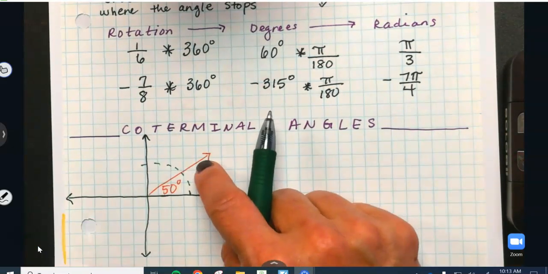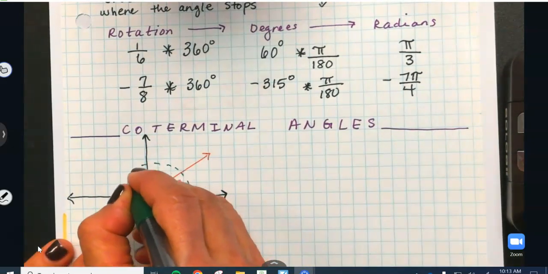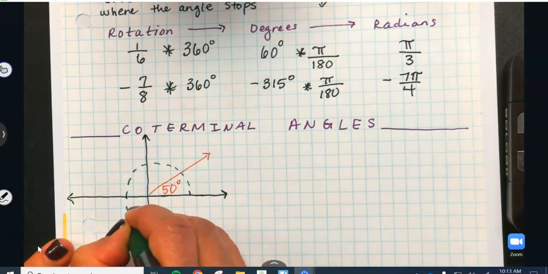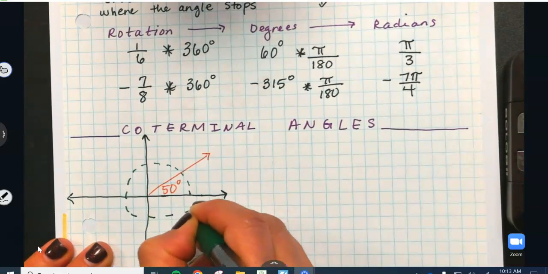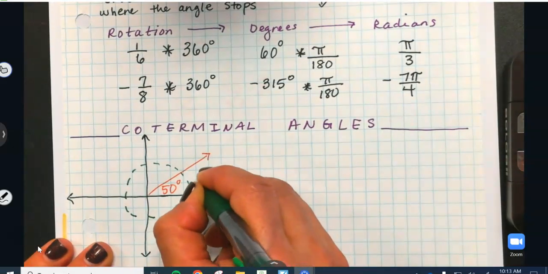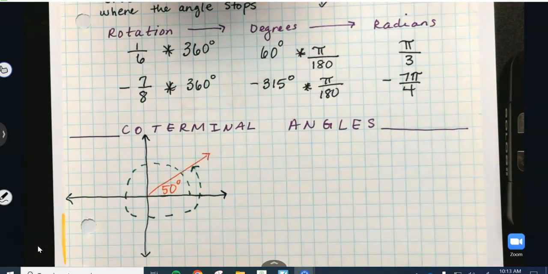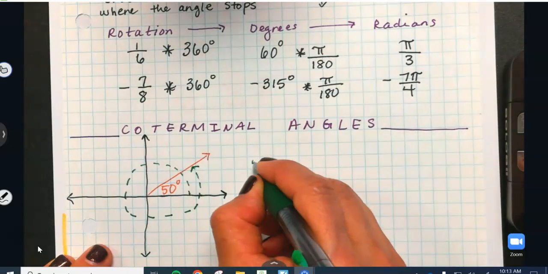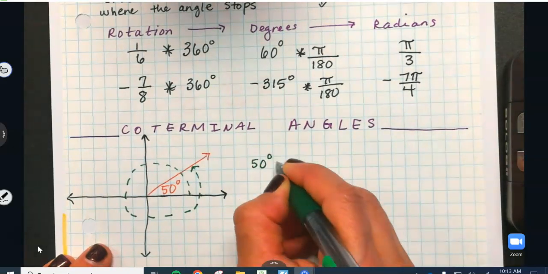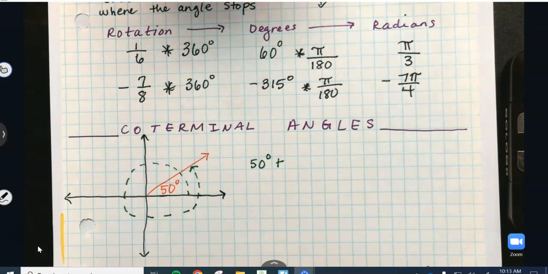Now remember, I can't stop there because it would be the exact same angle. So if I keep going, now I can stop because the angle measures are different. So this coterminal angle is going to be 50 degrees plus, look, I went all the way around, 360.